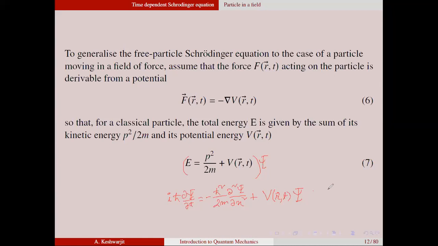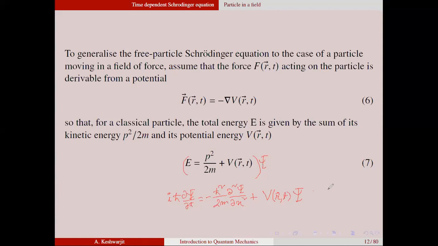Now the Laplacian: how a quantity changes from position to position is the gradient, and then there is divergence and curl. In simple words, how the quantity depends upon space, having the second order derivative.